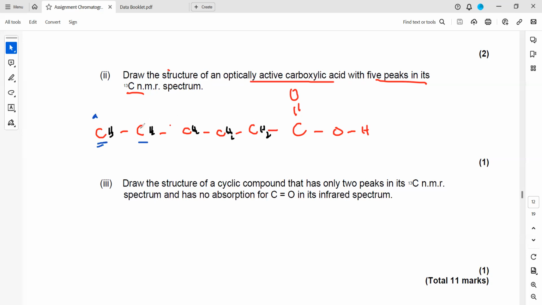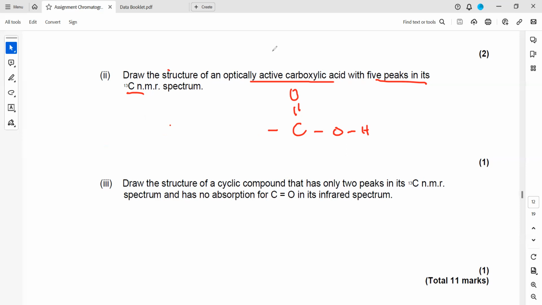This carbon is different from the other because one side is CH3, the other side CH2. This is another environment. One side CH2, CH3, other side CH2, CH2, and so C, D, E, and this one is also F. So it has six environments, but we want five carbon environments. It means it is not a straight chain. If it was a straight chain, there would be six different carbon environments.